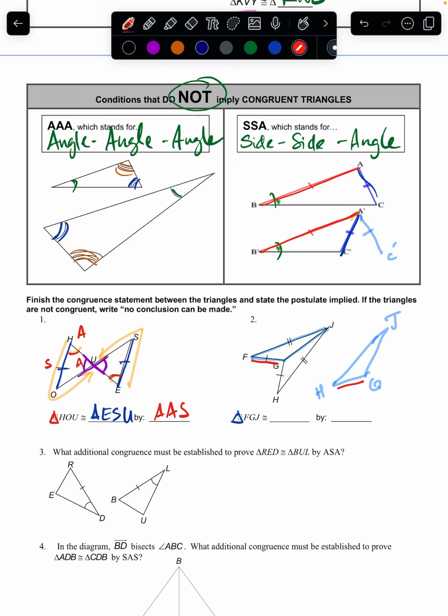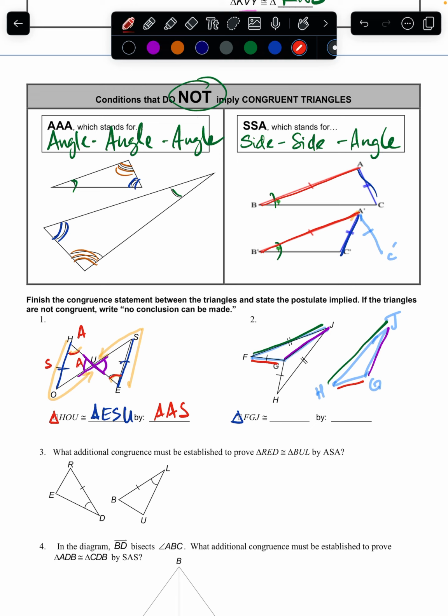FG, HG, and then I have FJ. FJ is here, and that's the same as HJ. And then both of these actually share the same GJ, G to J.